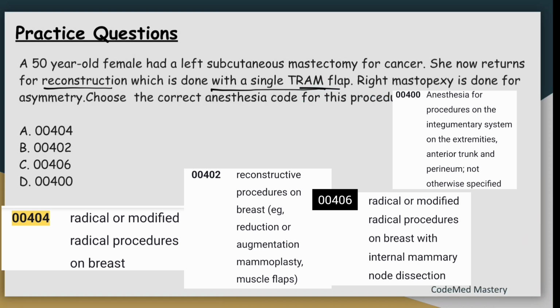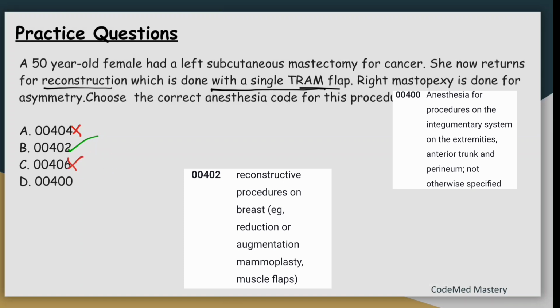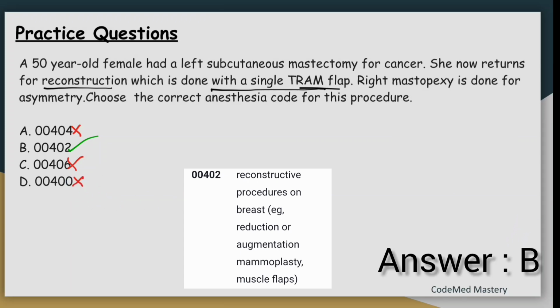So 00402 is the right answer. 00404 will eliminate because that is for radical or modified procedures. 00406 also is for radical or modified radical procedures on breast with internal mammary node dissection, and 00400 is for anesthesia for procedures on the integumentary system. But we have to specifically code according to the procedure. So option D will eliminate. The right answer is option B. Next question.